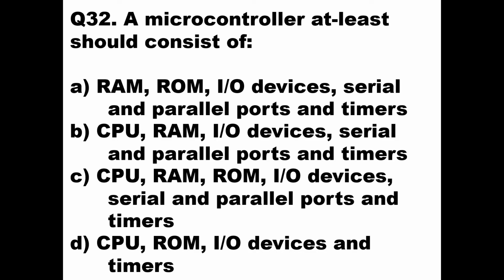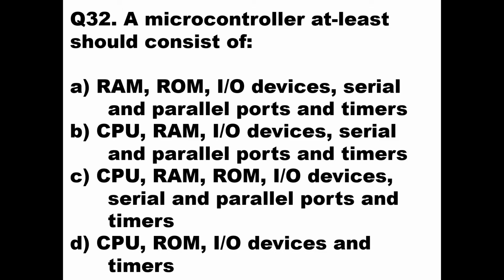Okay. Now if you carefully observe all these options, basically a microcontroller should have a CPU. Okay. So along with CPU, it should have other features like random access memory, read-only memory, IO devices, serial or parallel ports, and timers.